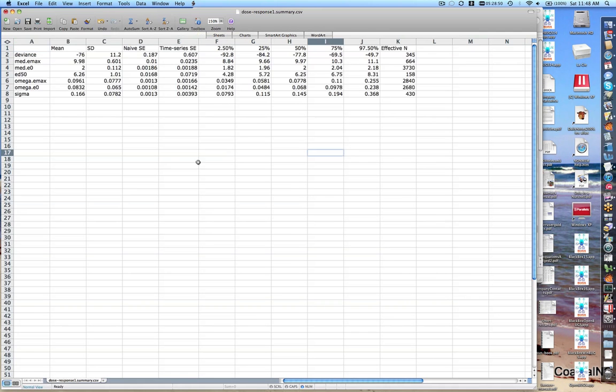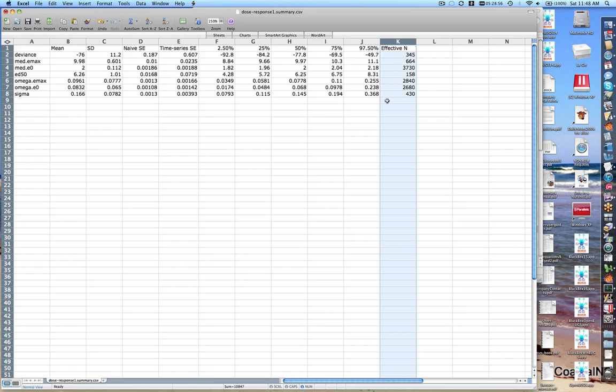Okay, so we can see a few things going on in terms of going back to our diagnostics for convergence. It's worth taking a look at effective N over here. So recall we did 10,000 per chain, and we threw out the first 4,000. So we've got 6,000 per chain.